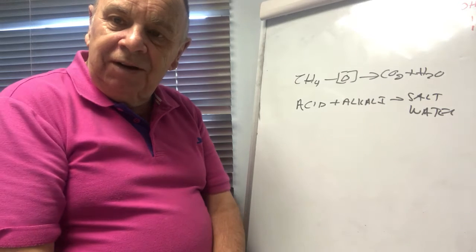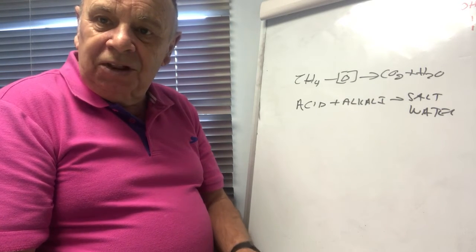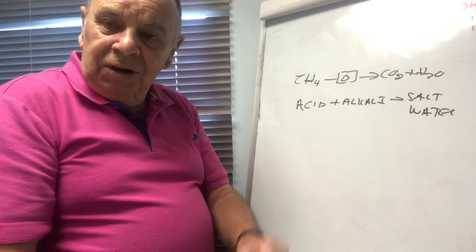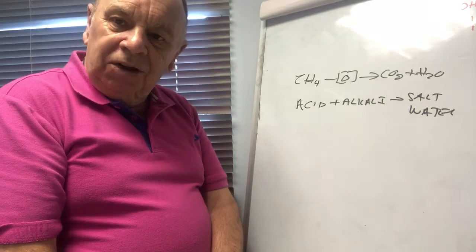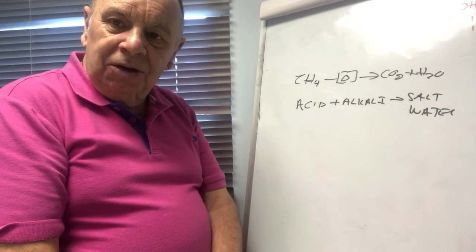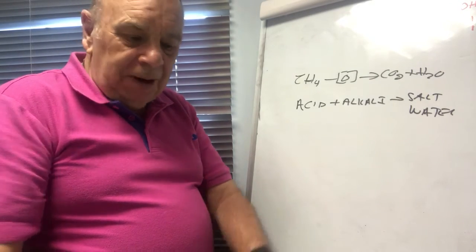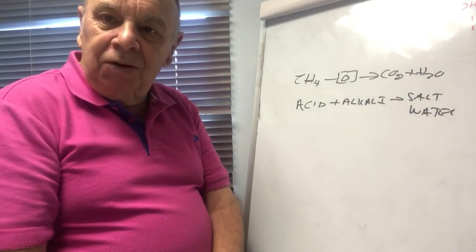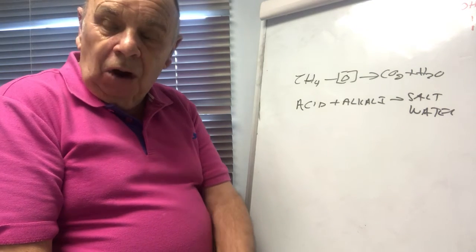The opposite of exothermic reactions are endothermic reactions, and these are reactions that take in heat. Where did it take it from? The atmosphere. If I get an exothermic reaction, I get an increase in temperature, and if I get an endothermic reaction, I get a decrease in temperature. You know, you get those ice packs, you break them, you put them on your feet or whatever, and they get cold.